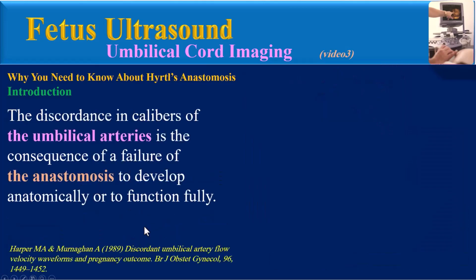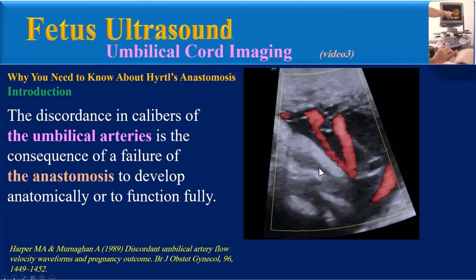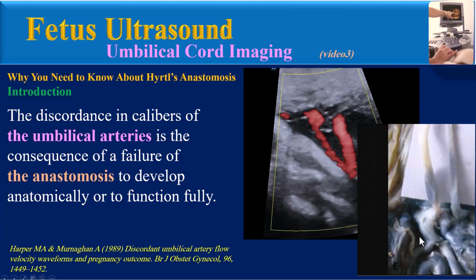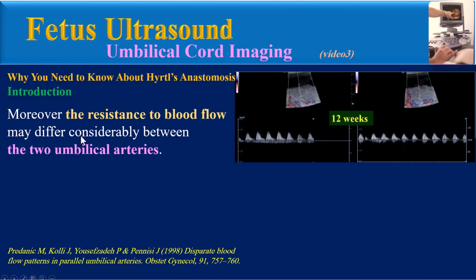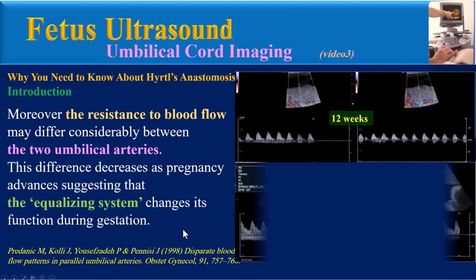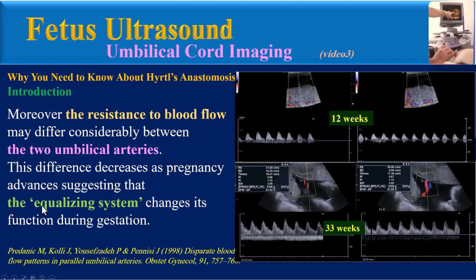The discordance in calibers of umbilical arteries is the consequence of a failure of the anastomosis to develop anatomically or to function fully. Moreover, the resistance to blood flow may differ considerably between the two umbilical arteries. This difference decreases as pregnancy advances, suggesting that the equalizing system changes its function during gestation.